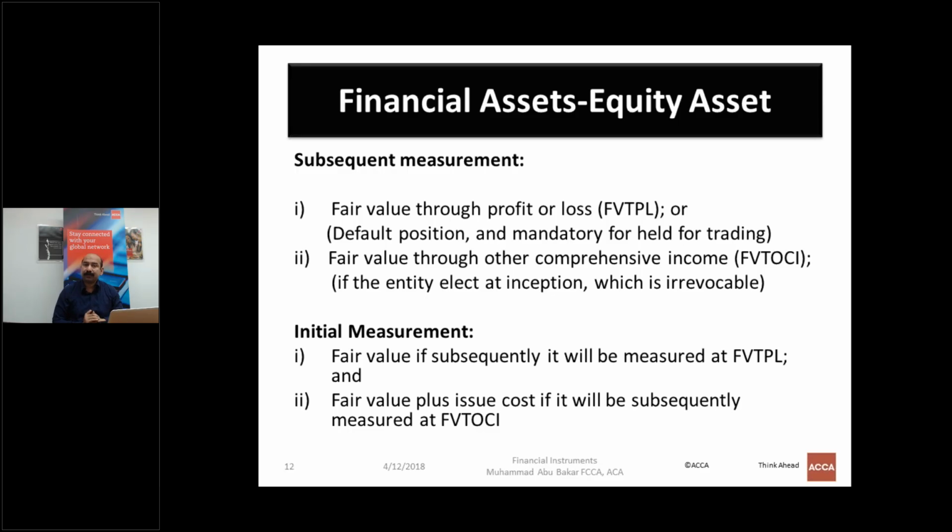But if you want to measure it subsequently at fair value through other comprehensive income, this selection will be made at the inception, and you cannot revoke that treatment. You will have to follow that treatment. You cannot change that subsequently.